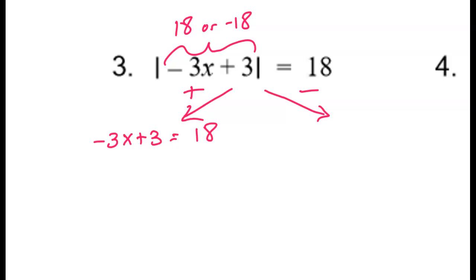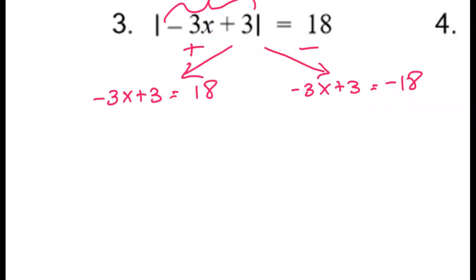And so on our positive side, we have just 3x plus 3 equals 18, ignoring the absolute value. We're now getting rid of the absolute value. And then on the other side, we're going to set the insides, negative 3x plus 3, equal to the negative version, negative 18. This is what I like to call the split. We're splitting into positive and negative. And we're having to solve both.